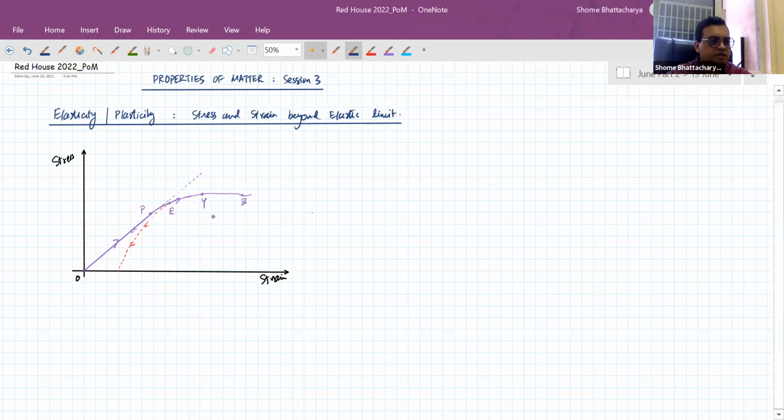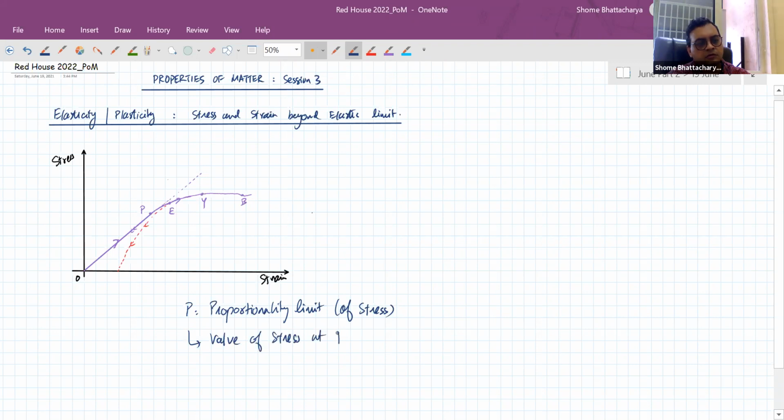Okay, so let's understand the various different points in the graph. So the point P is called the proportionality limit of stress. That means the value of stress at the point P, that is the proportionality limit. So for stress less than or equal to the proportionality limit, two important things happen.